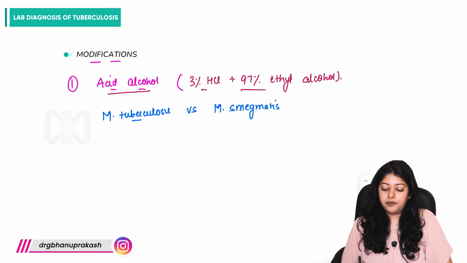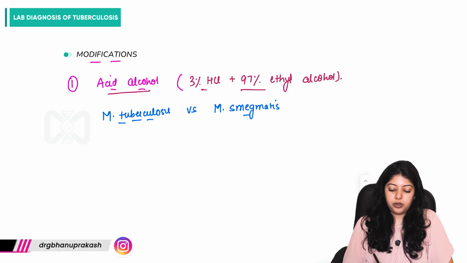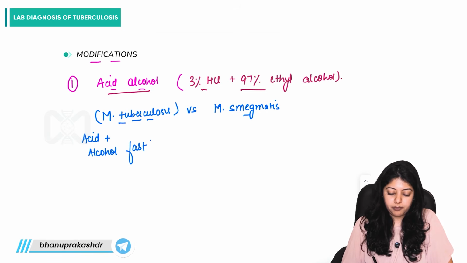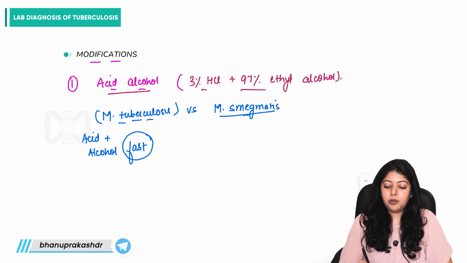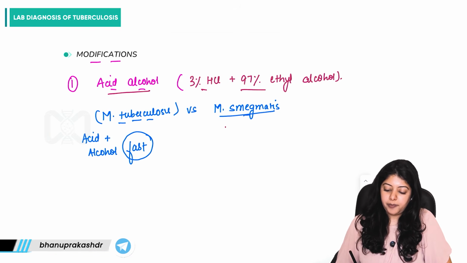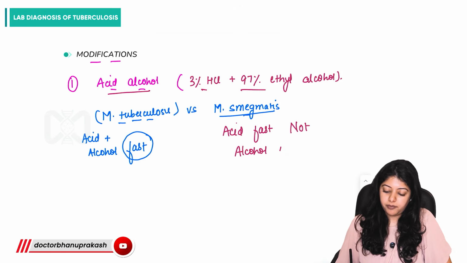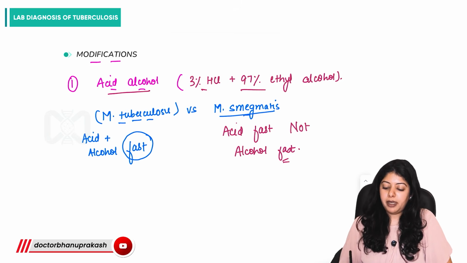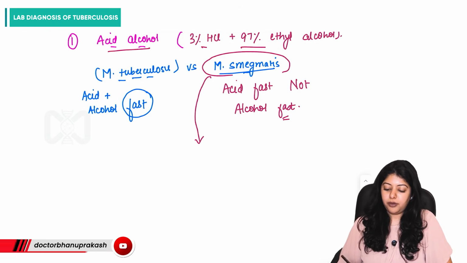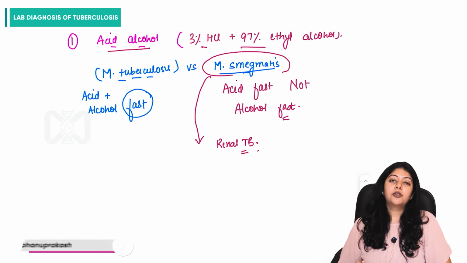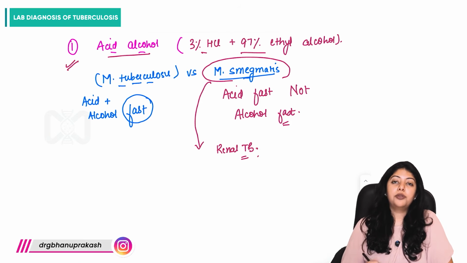And how is it differentiating? So Mycobacterium tuberculosis, it is acid plus alcohol fast. Whereas Mycobacterium smegmatis, it is just acid fast but not alcohol fast. So smegmatis, it is majorly found in the renal TB. So this is the first modification we can use.